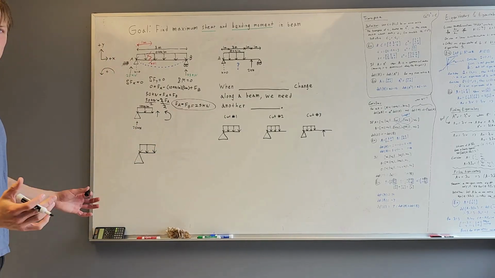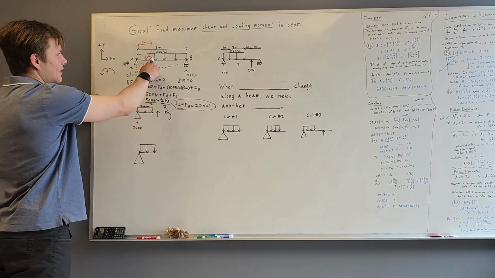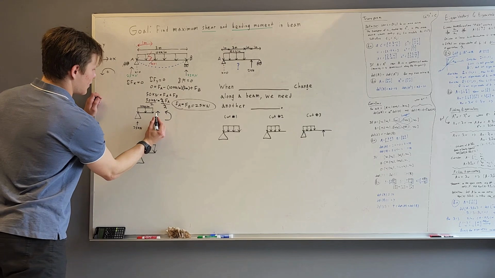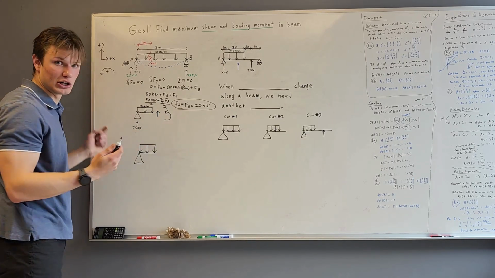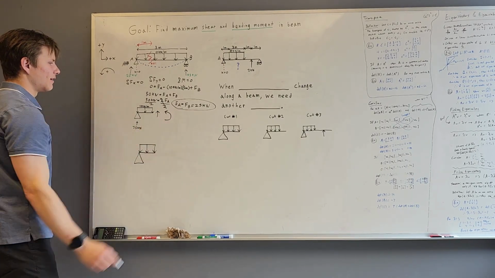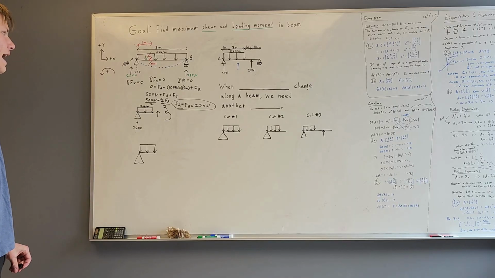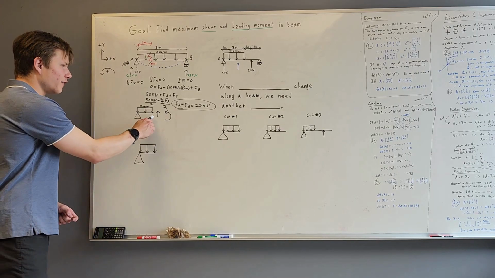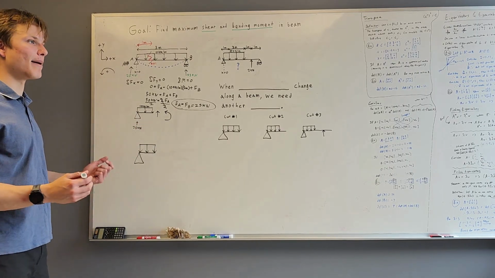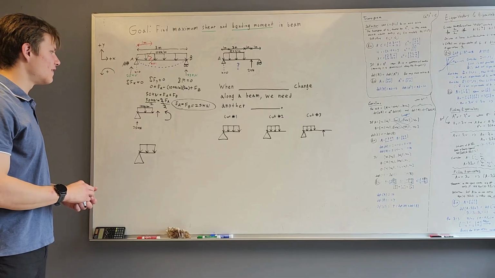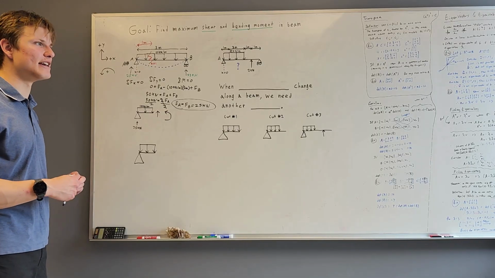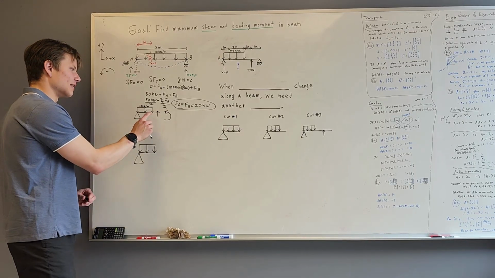All we've done here is replace this section of the beam with a shear force and a bending moment. Now we want to solve for these, and then at that point we've essentially found the internal shear and internal bending at that location of the beam.